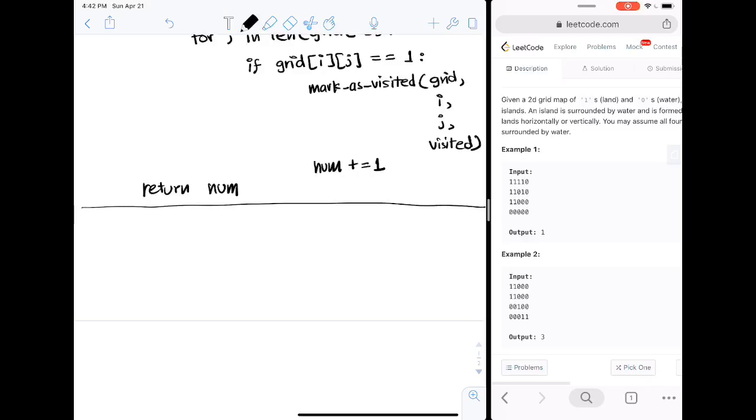All right, so Jason said, could you discuss modifying the grid versus read-only grid approaches? That is a good question. So let's think about it for a second.